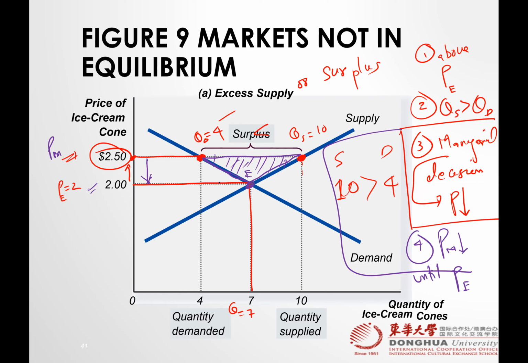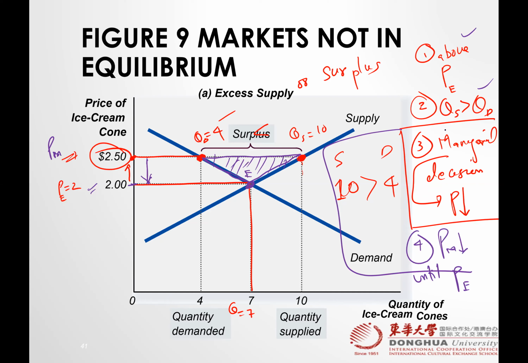So what we have discussed in surplus, these 4 things. Number 1, surplus occurs when price is above the equilibrium price. This is the equilibrium point and this is the equilibrium price. 2, surplus occurs when quantity supplied is greater than quantity demanded.